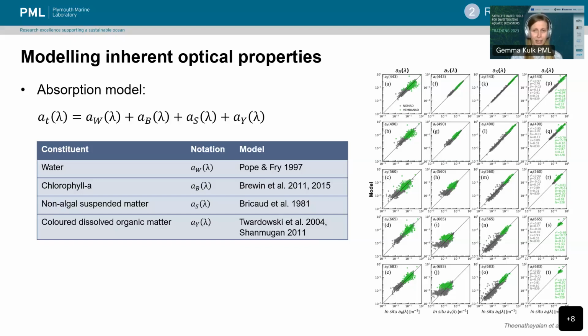So in general, these absorption models performed really well. We do see some deviation in the model at higher wavelengths, for example, in the absorption of CDOM, but this did not affect the results of the total absorption model, which is in the right-most column, as the contribution of CDOM is relatively small compared to the other constituents in the water.